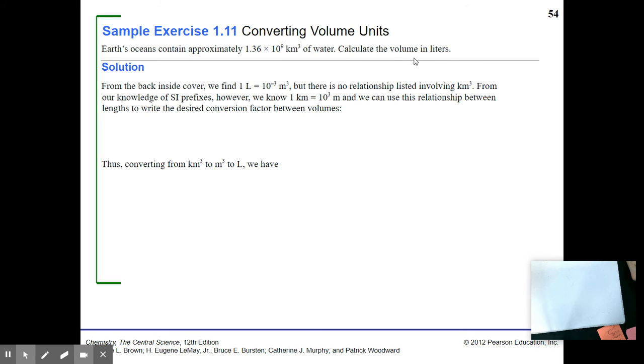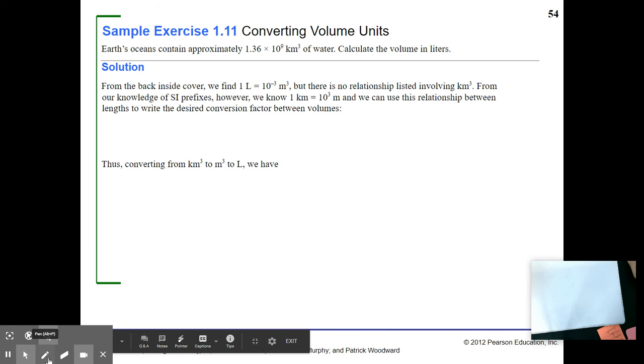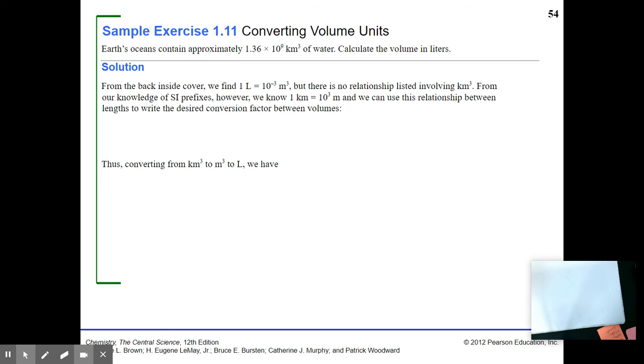Calculate the volume in liters. What's different about that value than what we've seen thus far? The cubic. Okay.